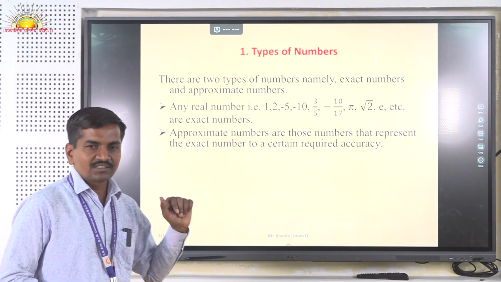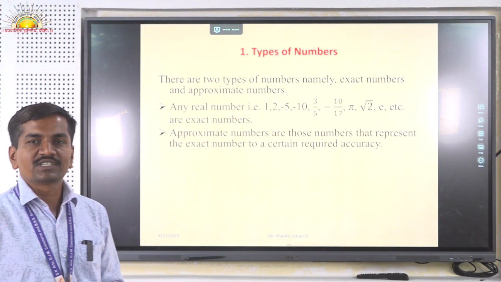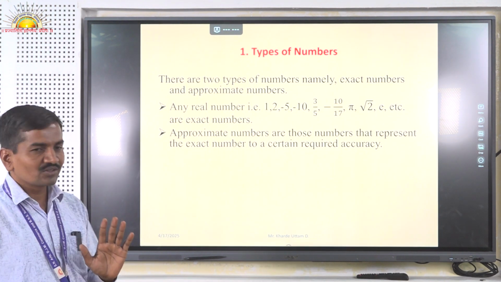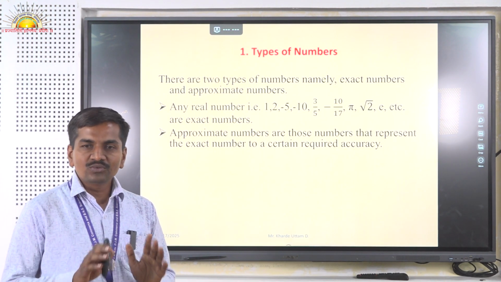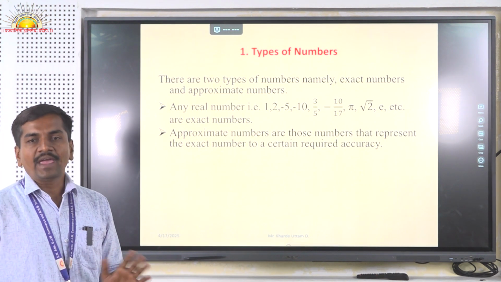Another type of number considered in numerical calculation is the approximate number. Approximate numbers are those numbers which are used to represent an exact number up to a certain accuracy.